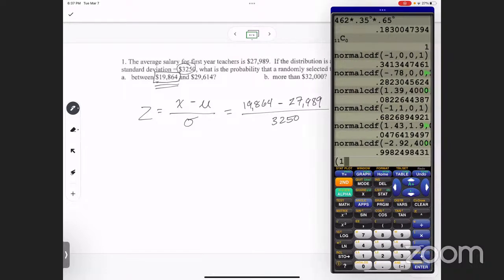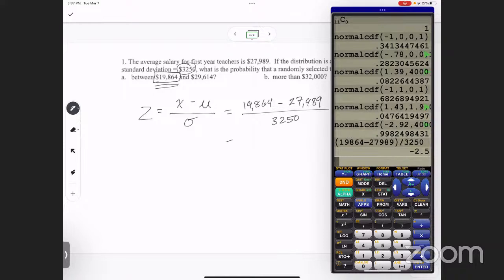So type in 19,864 minus 27,989 divided by 3,250. Hopefully I typed that in right. So it's negative 2.5. That's your z-score for that black one that I circled.